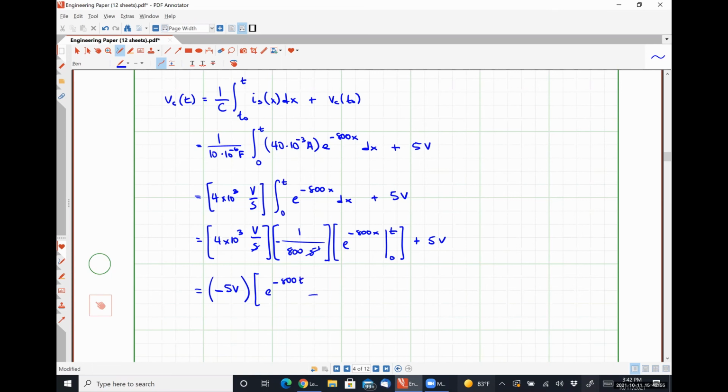What happens when we evaluate it at 0? We get 1. And so finally, if we distribute that minus 5 out in front, we're going to have minus 5 e to the minus 800t. And then minus 5 volts times negative 1 is going to look like plus 5. And then we add 5 more, plus 10 volts.